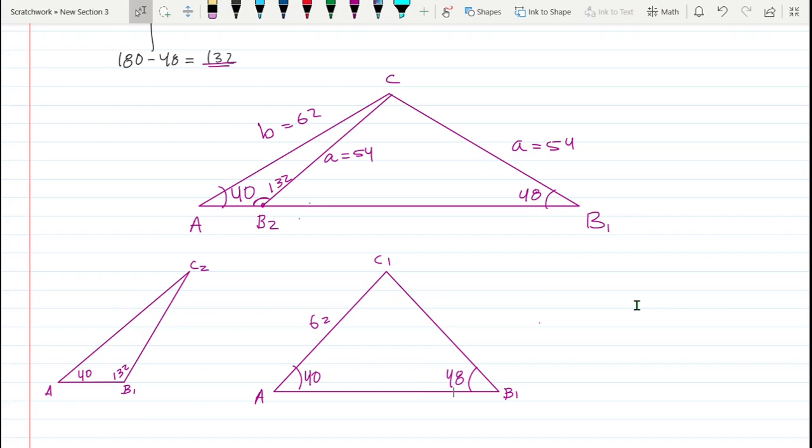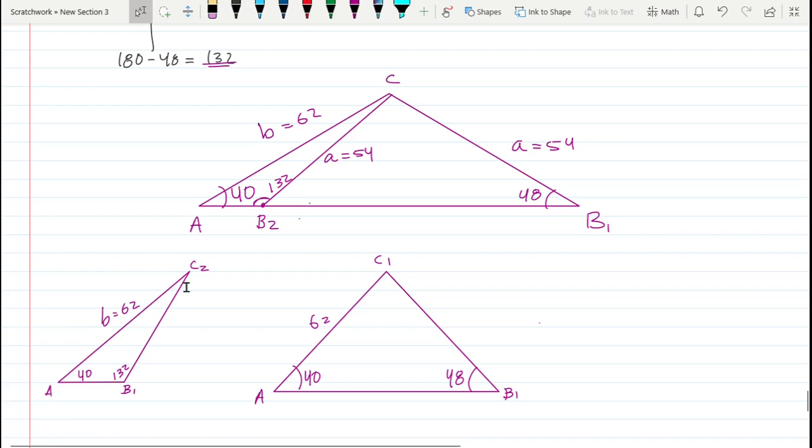So the idea here is that the outermost triangle is one triangle, which is here, and then the innermost, which is the smallest triangle here, is shown right here. Okay, they share the angle 40, right? They have this length here, which is 62.